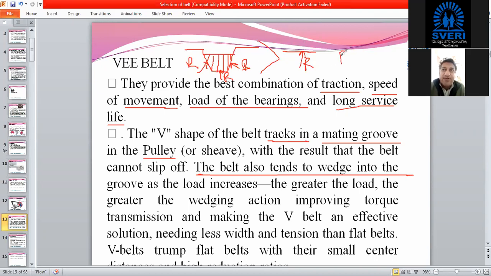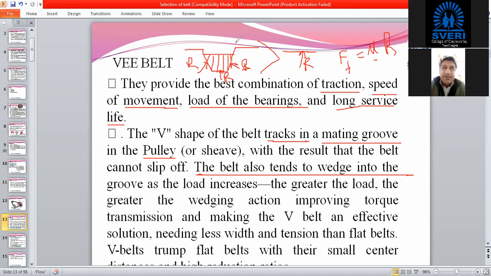And as we see in the formula for the frictional force, if the normal reaction is increased, then even if mu remains constant, we get more frictional force. And as the frictional force is more, the torque which is transmitted, that is the frictional torque, will be higher.